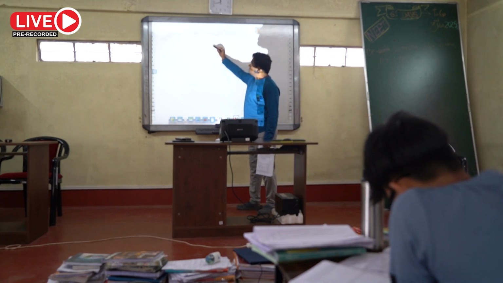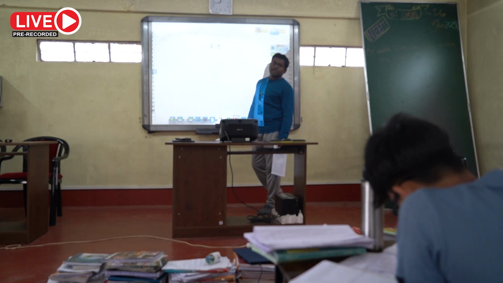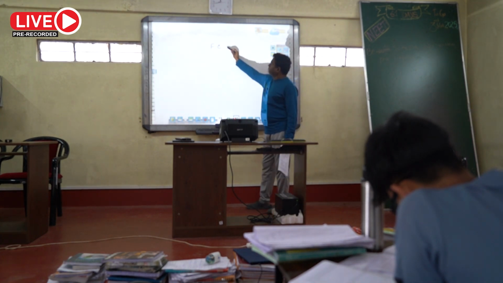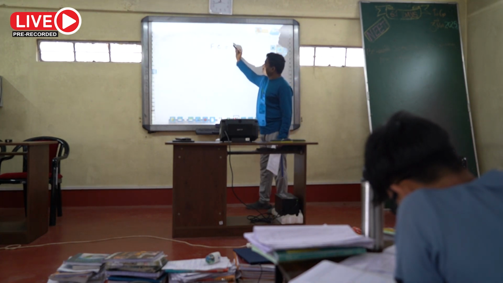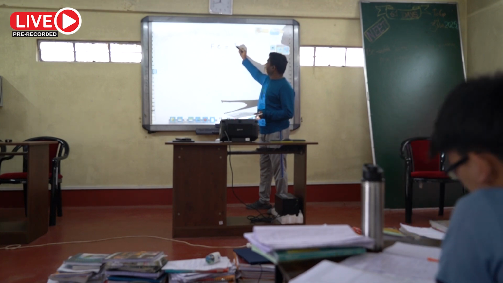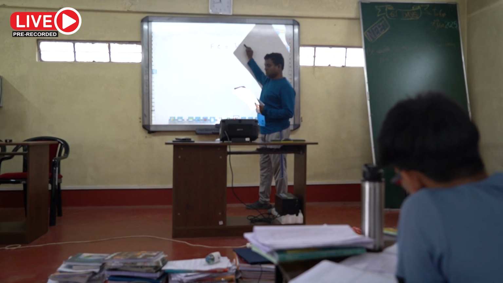Then F into V, since light is falling, we can write F into c, that is the power. So power equals energy flux, suppose I in watt per meter square, into area.